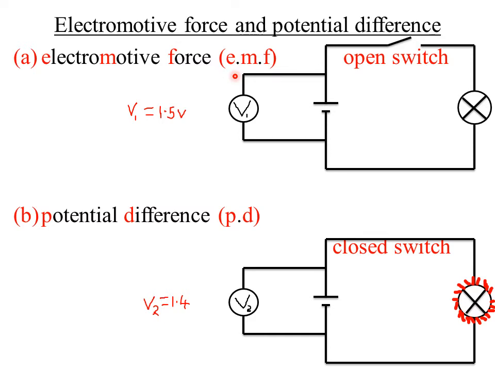When 2 or 3 cells or even more cells are arranged in series, then we form what we call a battery. Now, what is electromotive force? The work of the battery is simply to pump charges into the circuit, but charges cannot be pumped into the circuit when there is no potential difference.